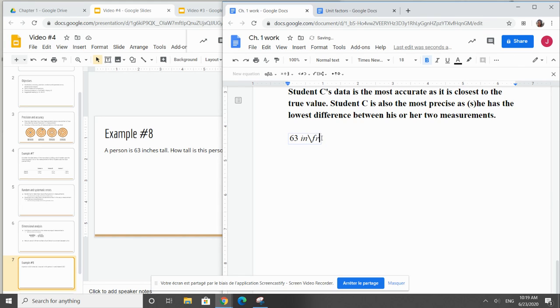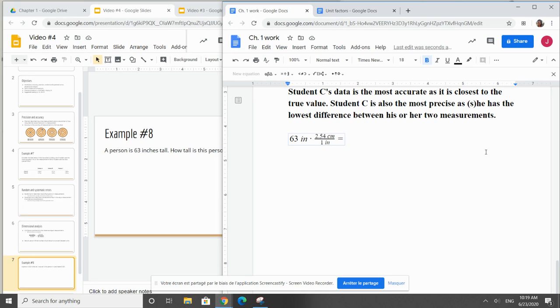If you take a look at the sheet, you will see that 2.54 centimeters is equal to 1 inch. I need to cancel inches with inches, so I put the 2.54 centimeters on top and 1 inch on the bottom. Some of you might say, can I do this with cross multiplying? While you will get the correct answer for this particular problem, it's not going to be translatable to future problems. So I am going to insist that you do all unit conversions in this method, showing your work, at least for the time being.